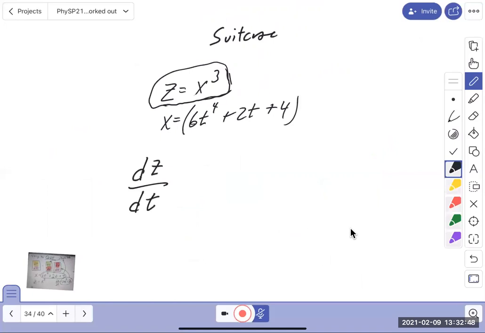Well, dz/dx I can do, and that's going to be dz/dx and then dx/dt, because z is a function of x, but x is a function of t. So that's what I mean by nested. This is nested inside the suitcase.